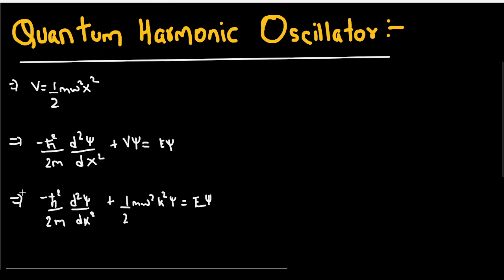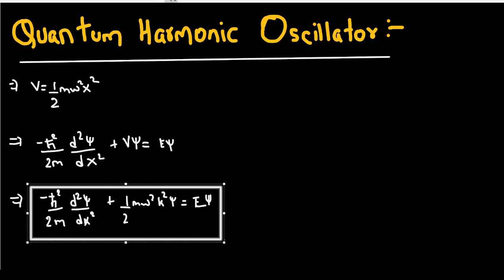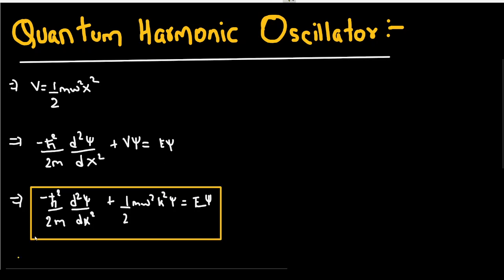There are various methods to solve this, and generally two methods. In this video we are going to discuss a very important one known as the ladder operators. This is our first method of solving, using the ladder operators. We will discuss what ladder operators are.